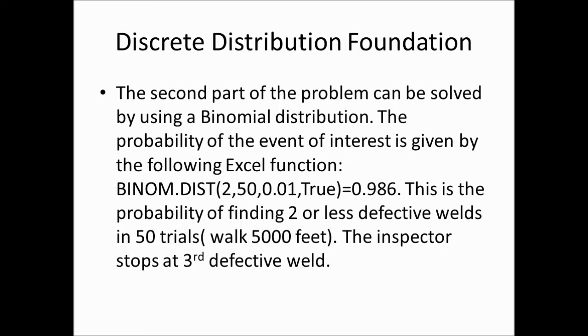Since you're interested in cumulative probability, we put the fourth input as true, and the number is 0.986. So there's a 98.6% chance that we'll find 2 or fewer defective welds in 50 trials, or there's a probability of 0.986 that the inspector has to walk more than 5,000 feet.